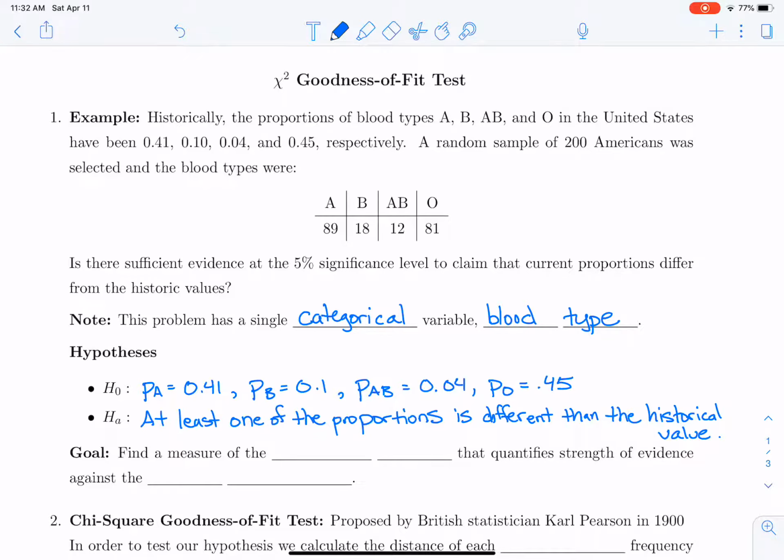So our goal is going to be to find a measure of the sample data that quantifies the strength of evidence against the null hypothesis.